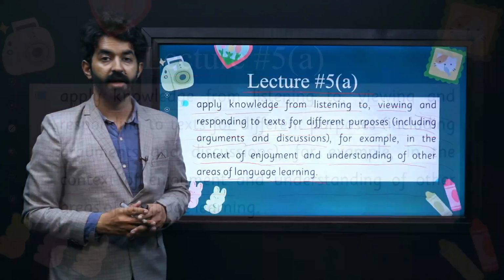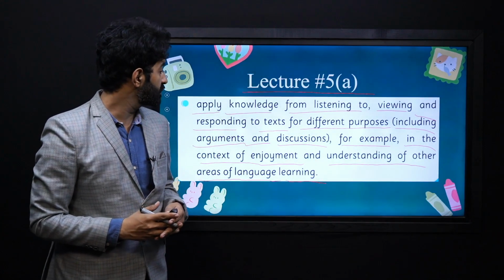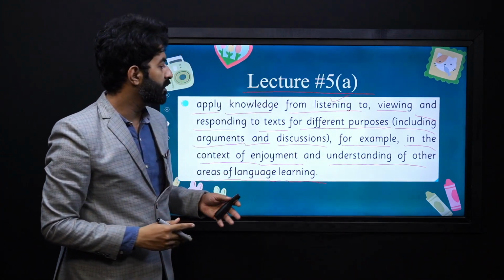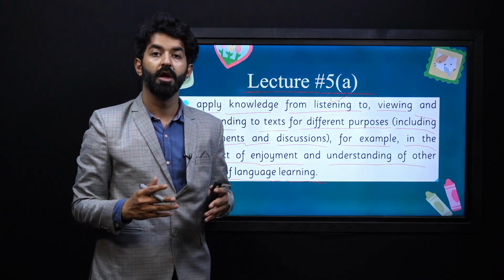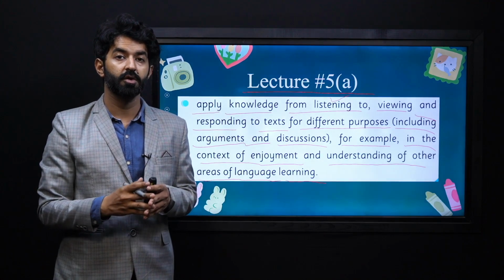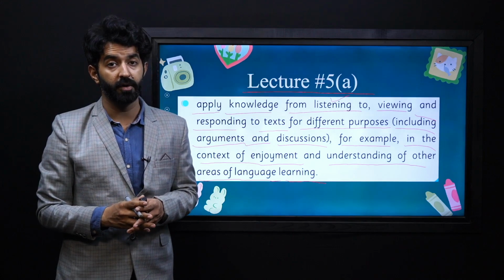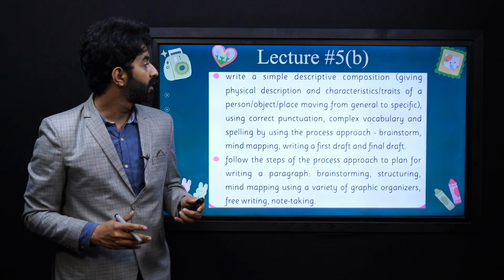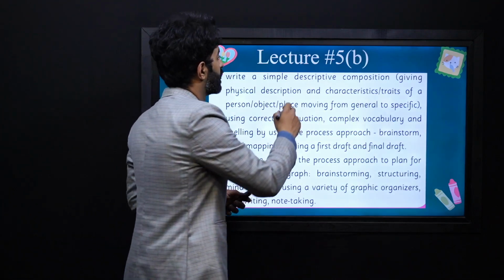My dear learners, again, this is about listening and having good communication skills. You will be seeing listening, viewing, and responding to text for different purposes, including arguments and discussions. Just the way you communicate with others, you will be communicating with the text, with the lesson that will be in front of you, and you will apply all these techniques to have a better reading skill.